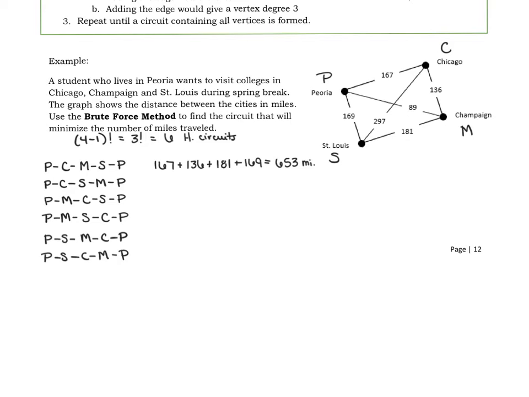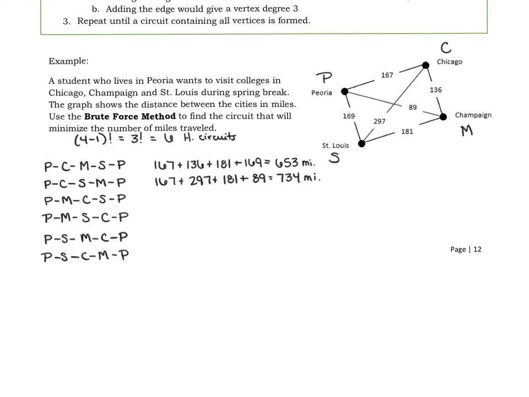If we move on to the next scenario, starting in Peoria, driving to Chicago, 167 miles. From Chicago, going to St. Louis at 297 miles. Then going over to Champaign, 181 miles. And then from Champaign to Peoria at 89 miles. You will find we've traveled a total of 734 miles.